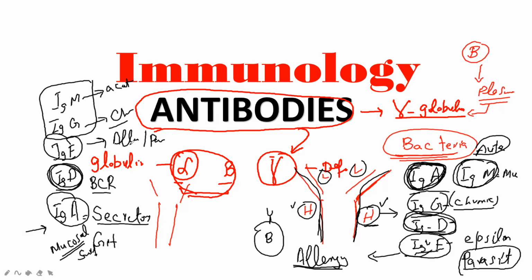I just give you an overview of the antibodies, how they work and what their general functions are. IgM, IgG, IgE, IgD act like a B cell receptor. IgM also acts like a B cell receptor. IgD has no other known function, only acting like a B cell receptor.